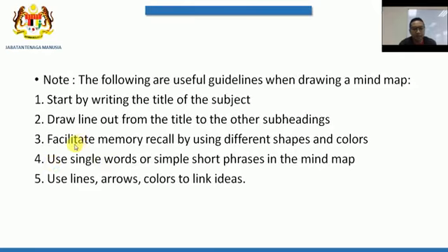And then facilitate memory recall by using different shapes and colors. Okay, whenever you want to reinforce your memory and you want to make it interesting for you to memorize that illustration or figure that you have constructed, try to mix in shapes and colors because it will reinforce more.